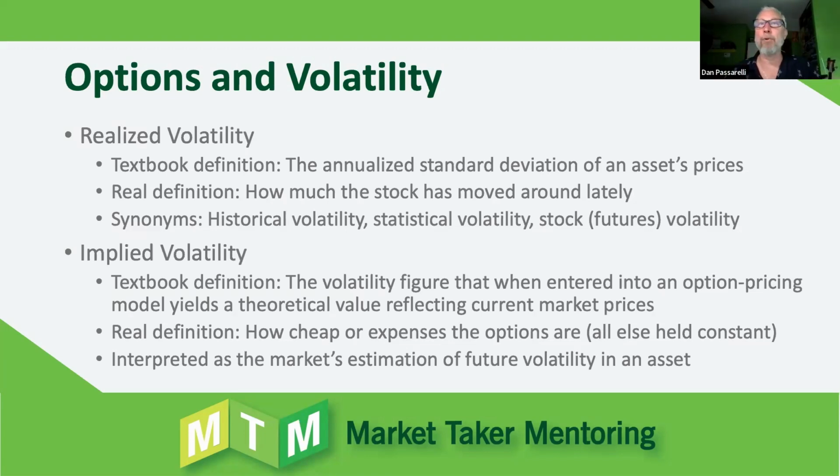expensive. That is what implied volatility is. If somebody comes in and sells 10,000 of these calls or puts, they're going to get cheaper because of supply and demand. Some people will say that this is the market's estimation of future volatility of an asset, and there is some truth to that, but that's a reason why somebody might have bought or sold.